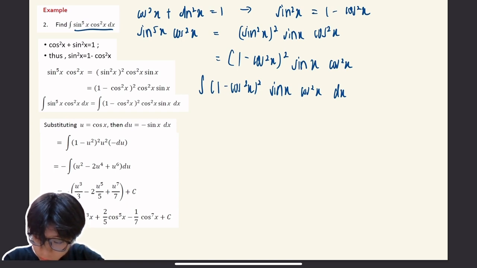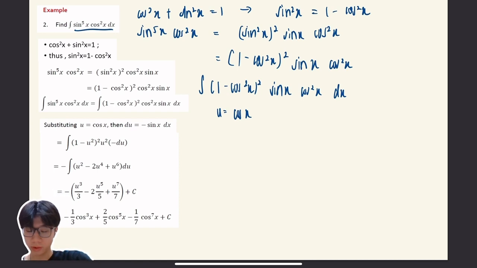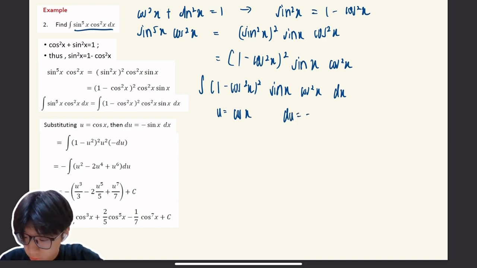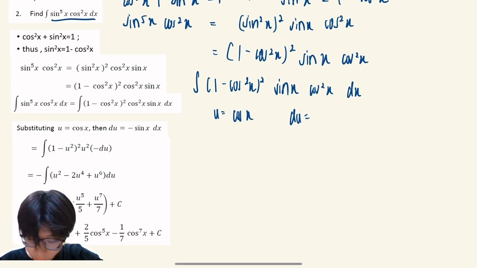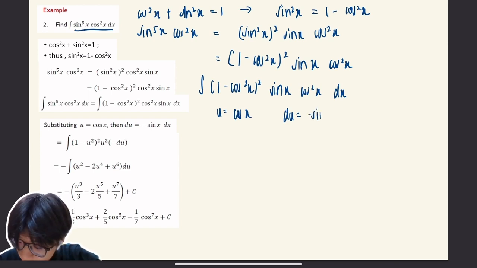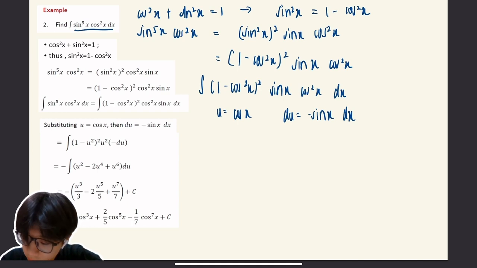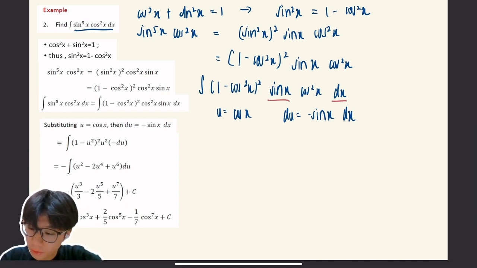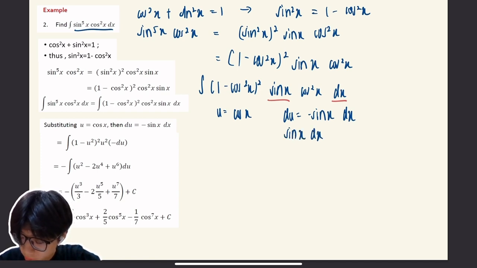We just need to let u is equal to cos x, and then du, by differentiating cos x, you'll be getting negative sine x dx. Here we can see this is the sine x, this is the dx, which means that sine x dx is equal to negative du.